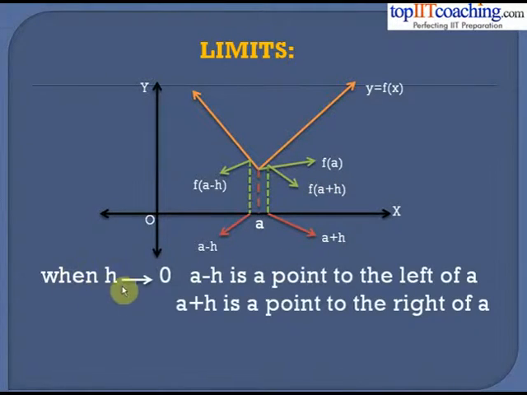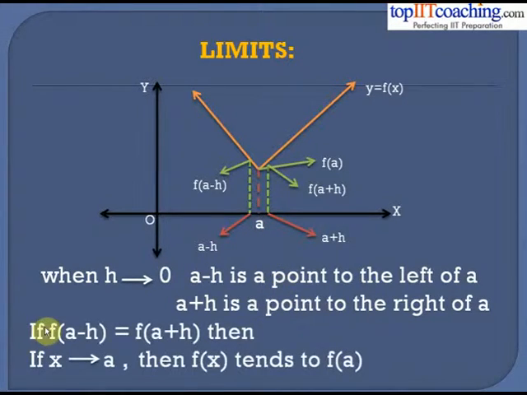Now when h tends to 0, a minus h is a point to the left of a. If h is very close to 0, then a minus h would be very close to a. It is almost touching the point a. Similarly, a plus h is a point to the right side of a, just to the right of point x equal to a.